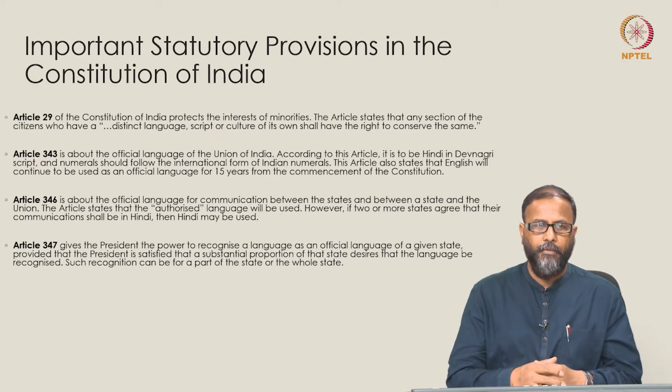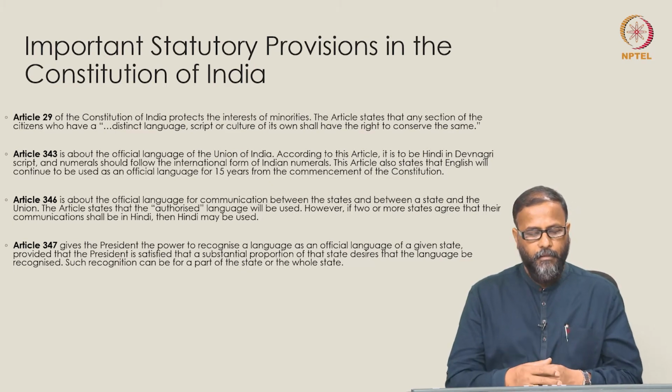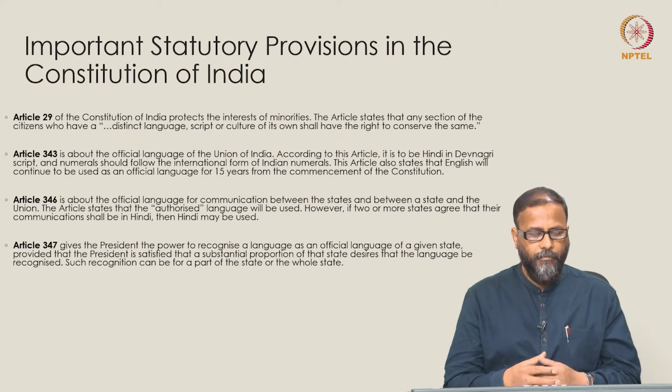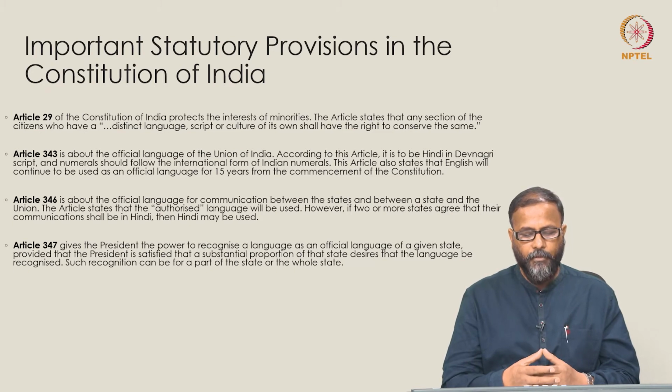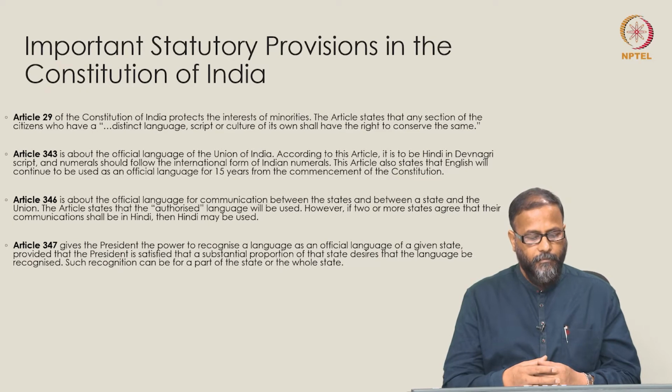Of course, 343, as I've been telling you time and again, is about the official language of the Union of India. And according to this article, it is to be Hindi in Devanagari script, and numerals should follow the international form of Indian numerals. Article 346, for that matter, is about the official language of communication between states and the Union.